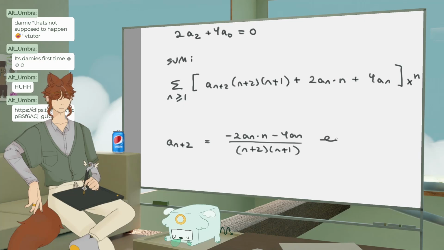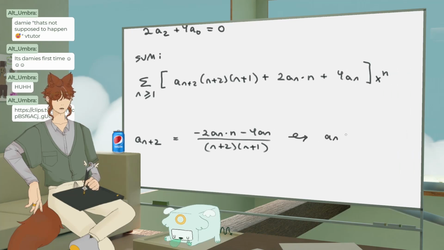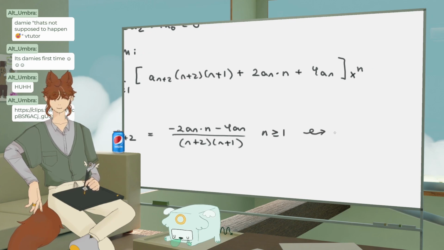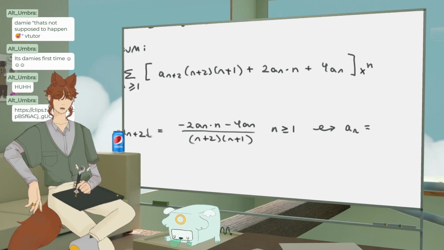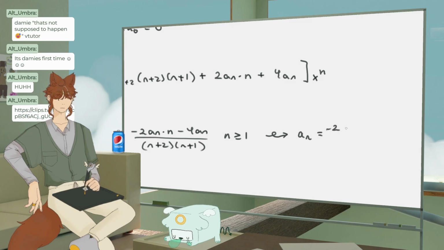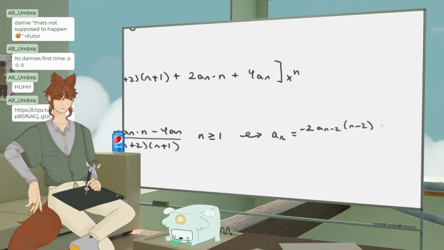This is for n greater than or equal to 1. I'm going to re-index it so that we can plug in n and get the a_nth term. So in this case, we're saying n is going to go down 2. So negative 2 a_(n-2) times (n-2), minus 4.